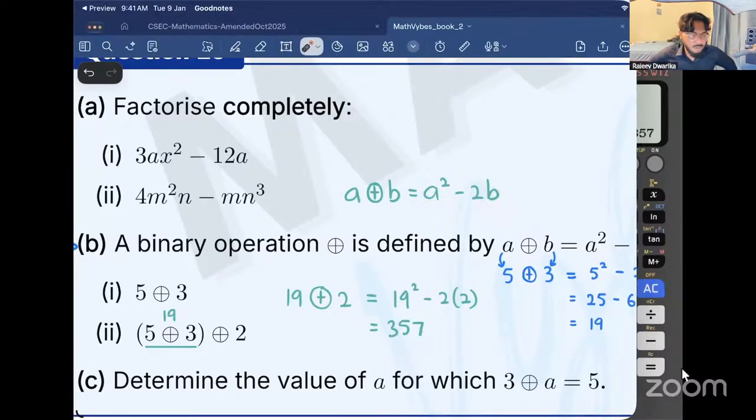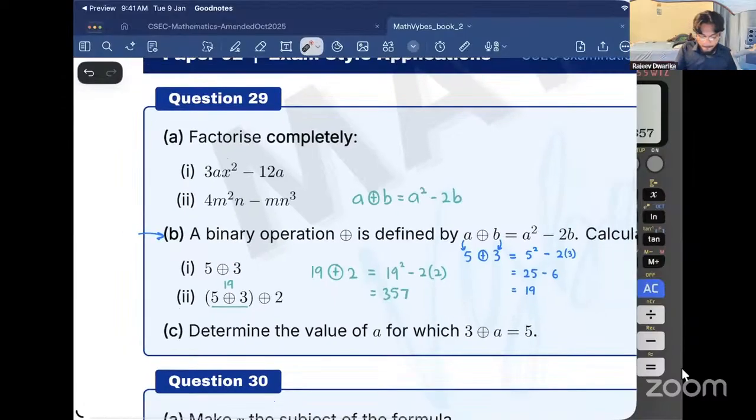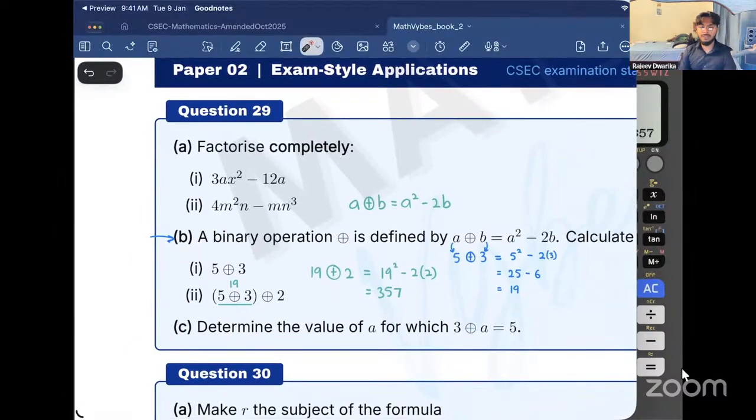Let me know if you understand. In terms of addition and subtraction, it will be completely different from how I said it, right?